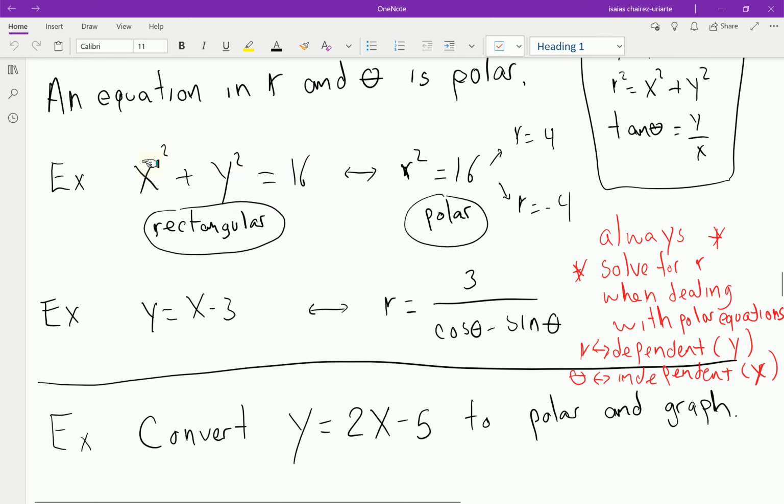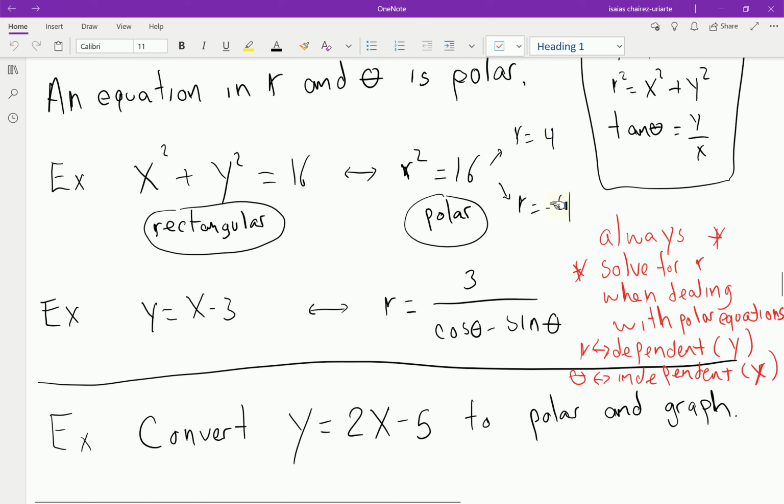All we have to do is recognize that x squared plus y squared is r squared. So I changed the left-hand side to just r squared, so r squared equals 16. And then in order to really get my polar equations, I would say that r is equal to 4 and r is equal to negative 4.